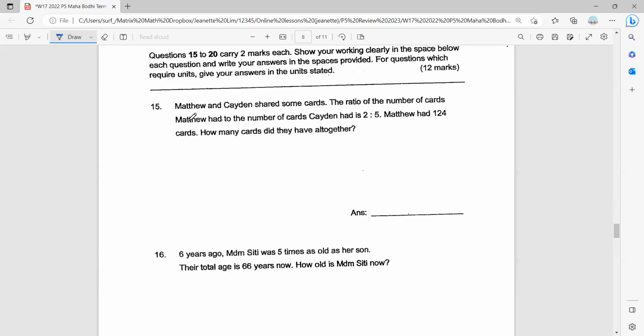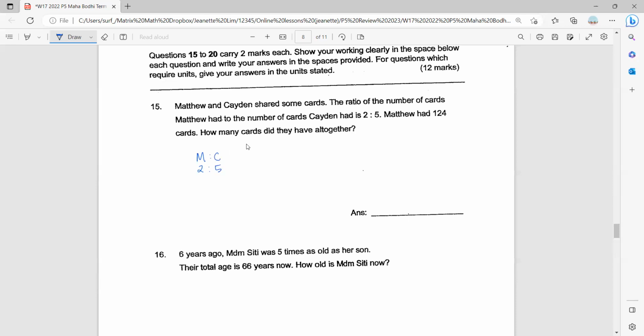Question 15. Matthew and Caden shared some cards. The ratio of the number of cards Matthew had to the number of cards Caden had is 2 to 5. Matthew had 128 cards. How many cards did they have all together? Okay, so first ratio, M to C, 2 to 5.